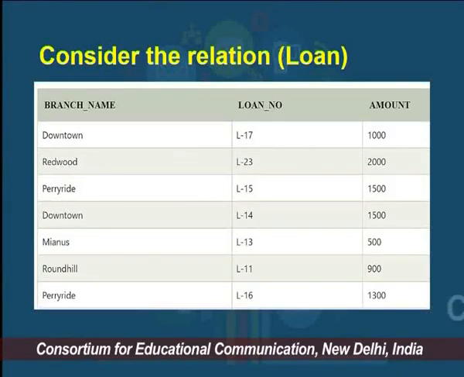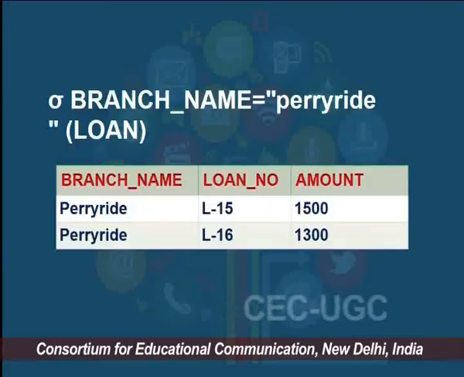Here we have a relation named loan, in which we have branch name, loan number and amount. These three fields are there. Now let's say we want to extract all those tuples, all those rows, where the branch name is Perryridge.